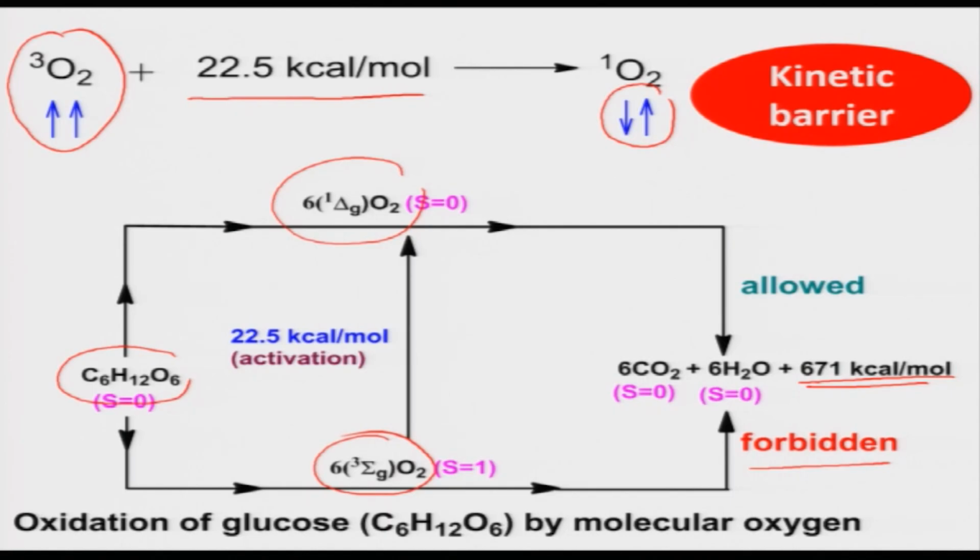This is what is happening in respiration. So, dioxygen needs to be activated in order to react with the glucose, which gives rise to lots of energy, which is the source of most of the energy we have in our day to day activity.